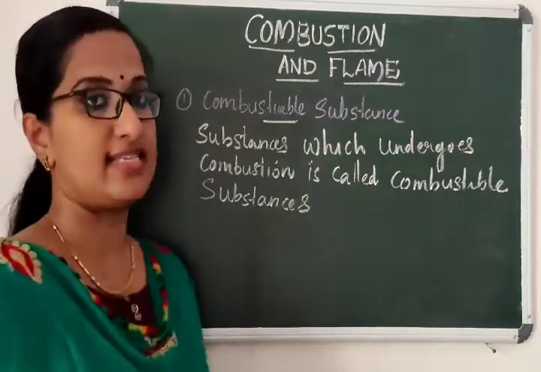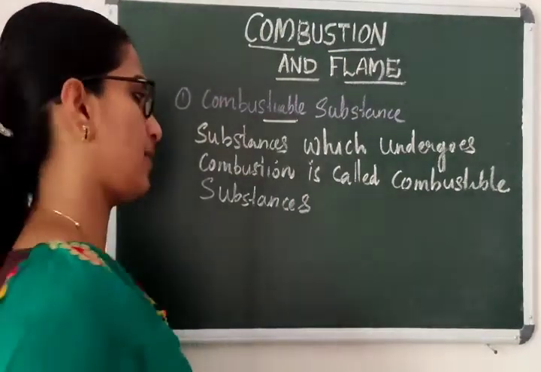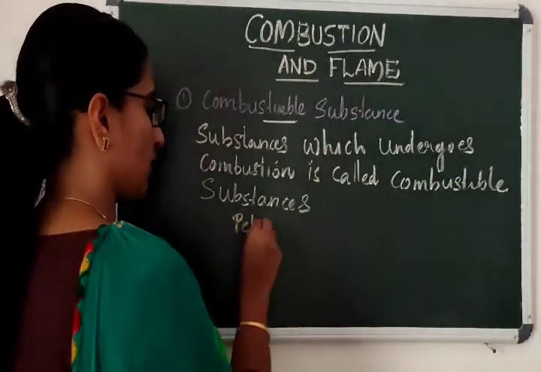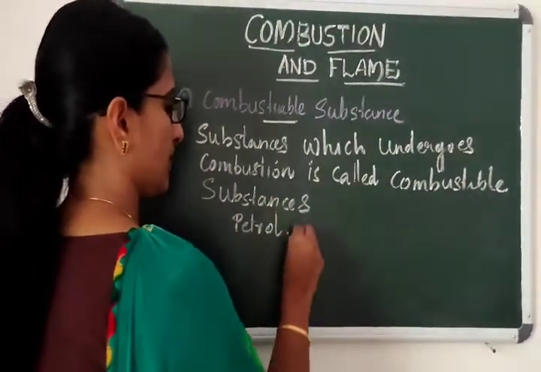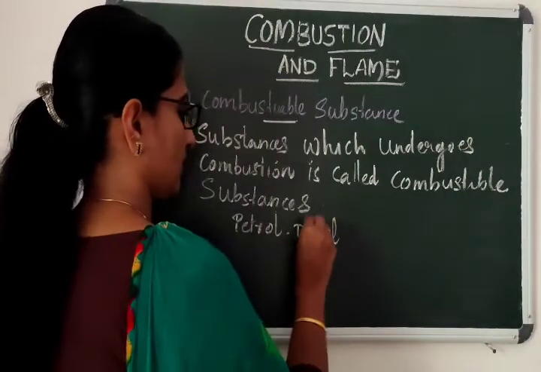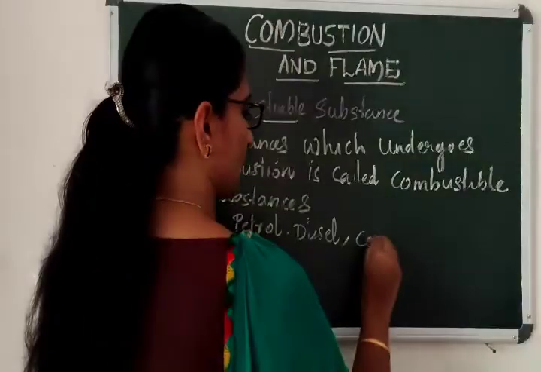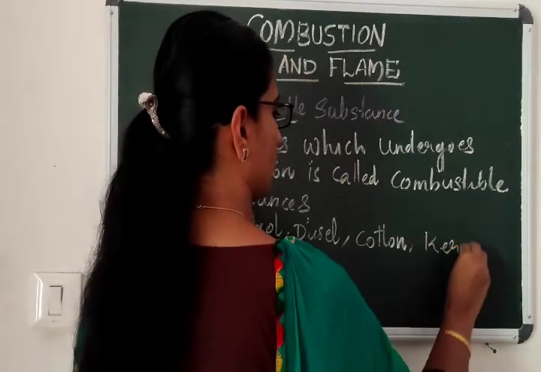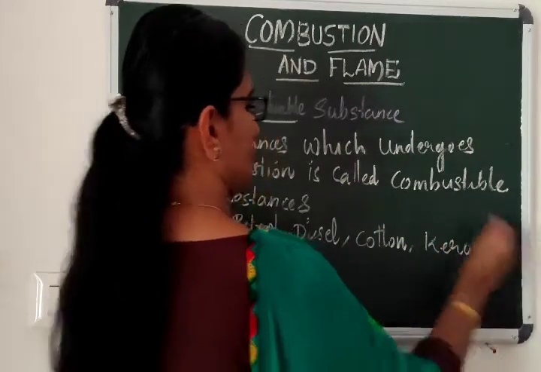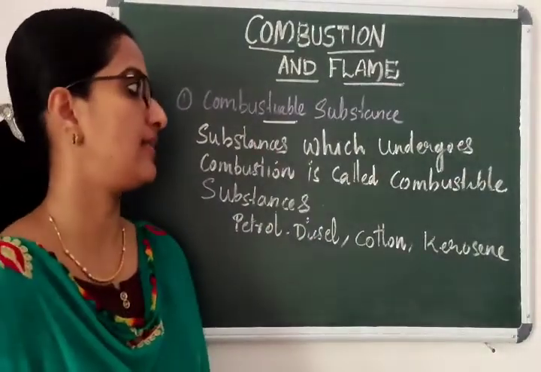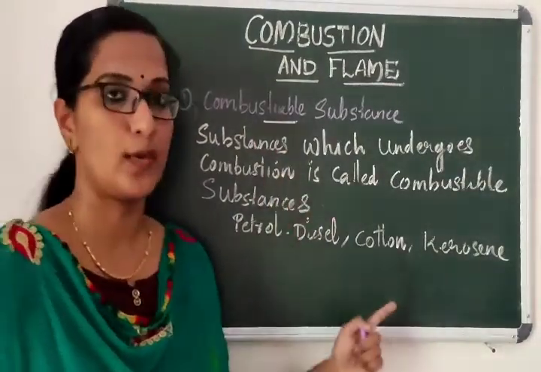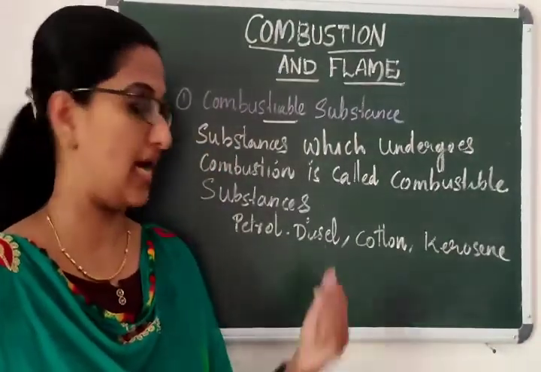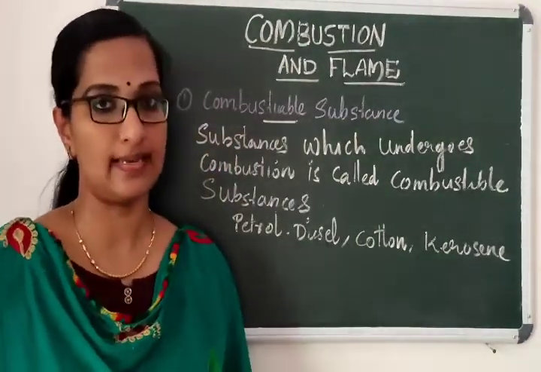What are the examples? The common examples you can see when you look around are fuels like petrol, diesel, cotton, kerosene, etc. These are all examples of combustible substances. They will catch fire in the presence of oxygen and burn, producing heat and light. Most fuels, cotton, and wood undergo combustion and produce heat and light.